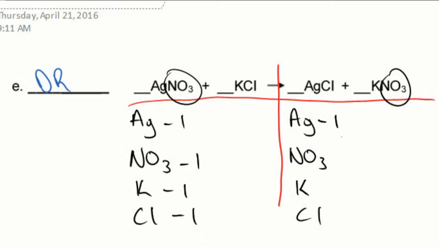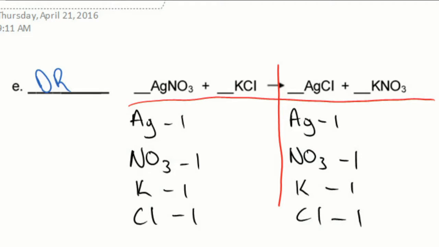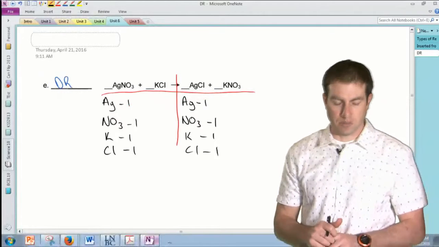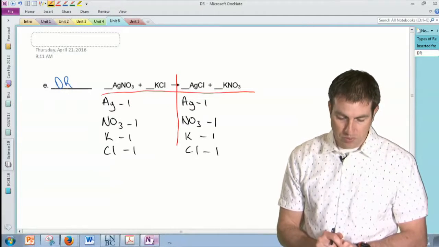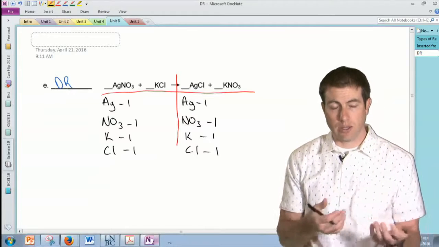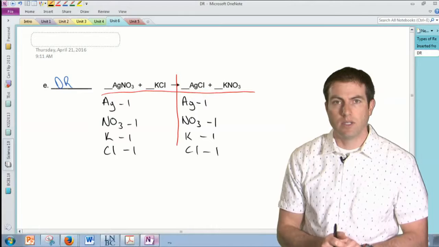I think, Taylor, you might have been confused because it turns out it's already balanced. Unless I'm mistaken, I think this might be a case of it was so easy it threw you for a bit of a loop. So 1 silver on each side, 1 group of NO3 or 1 nitrogen, 3 oxygens on either side, 1 potassium, 1 chlorine.